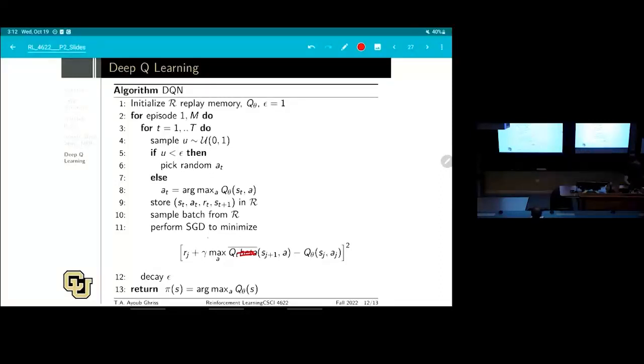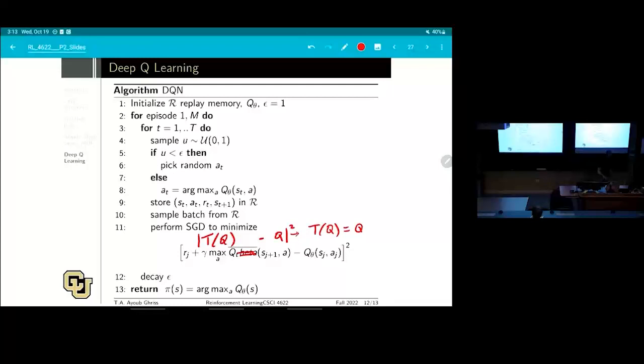Because this is basically TQ, the Bellman operator applied to Q, and this is my Q, okay? And I'm trying to minimize this error. Because if I converge to the case where TQ equals Q, then I know that I converge to the optimal Q. The optimal Q will verify this equation, so I'm trying to minimize this loss over the batch.